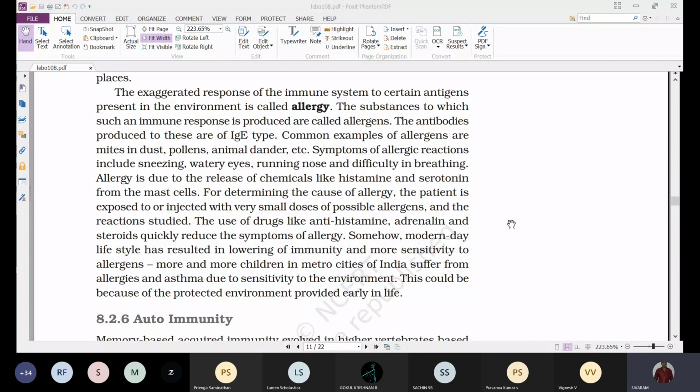Okay, and next, allergy is due to the release of chemicals like histamine from the mast cells. How are these responses initiated? Whenever allergic substances or allergens enter our body, our tissues will produce certain chemicals like histamine and serotonin from a special type of cells present in the tissue called mast cells.